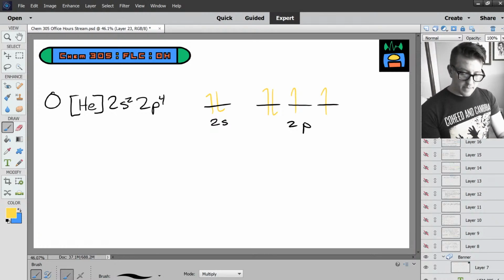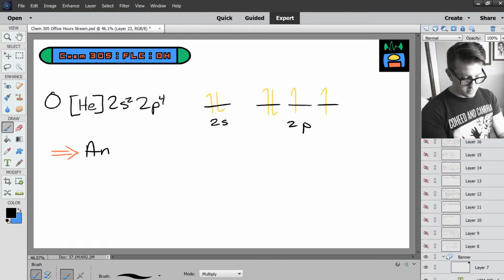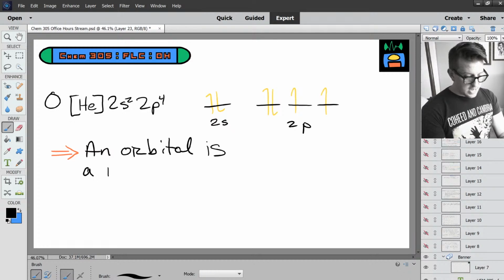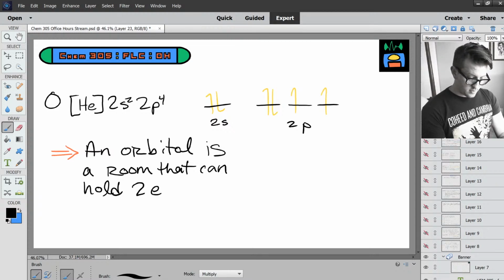Now, the way to think about an orbital is, an orbital essentially is a room that can hold 2 electrons.